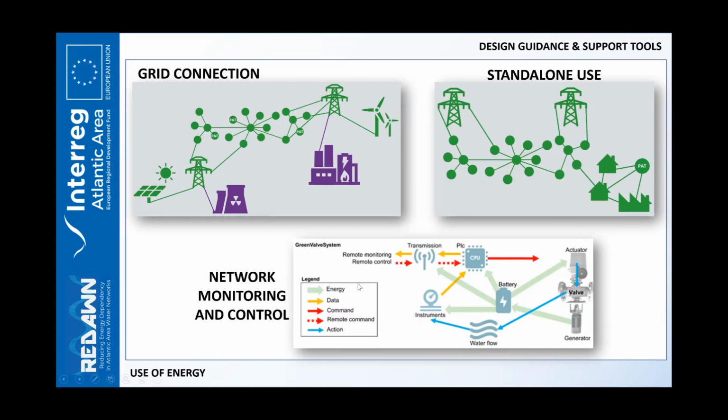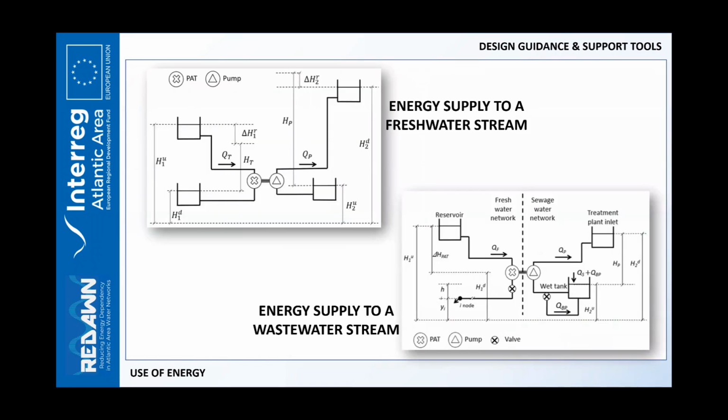We can use hydropower when the power is very low, much variable, even to control and monitor the water network itself. I mean, we can use a small amount of energy to feed, for example, discharge meters or pressure meters, or to control valves or any device in the water network.